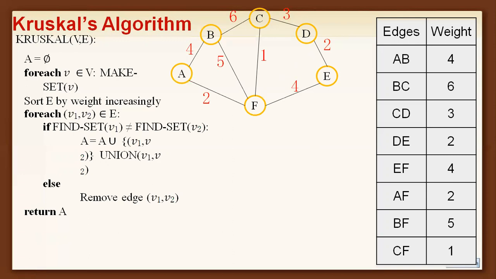In the given example, consider this as a graph. The graph contains some vertices, which are highlighted in yellow color in circular form.